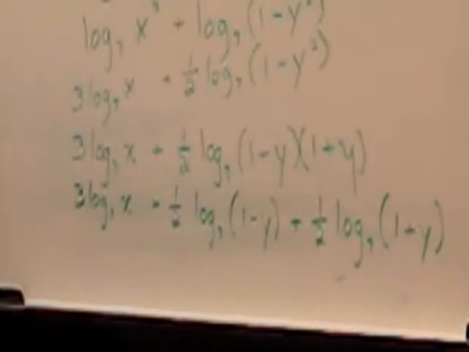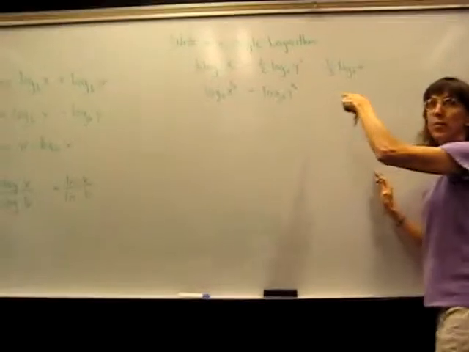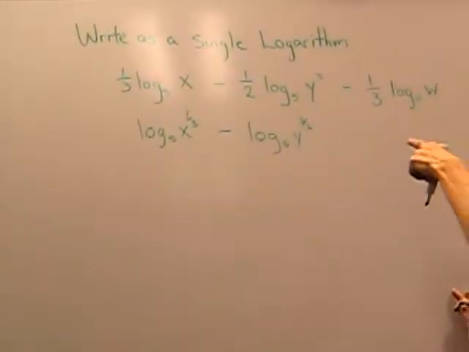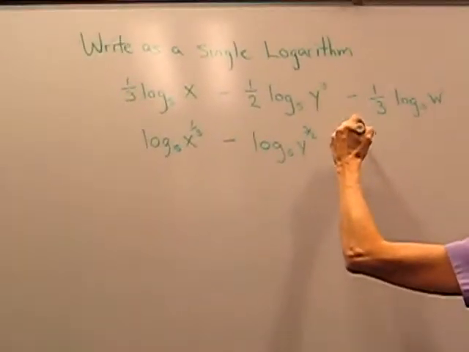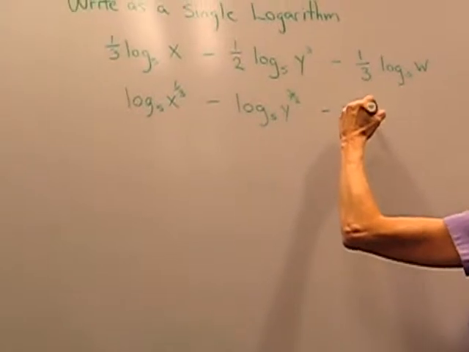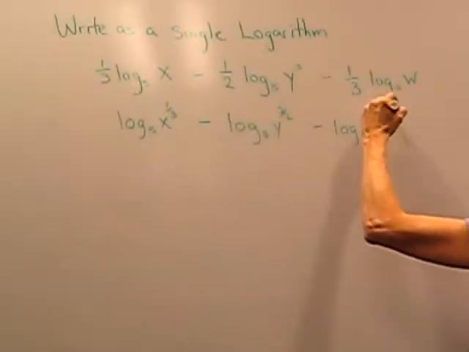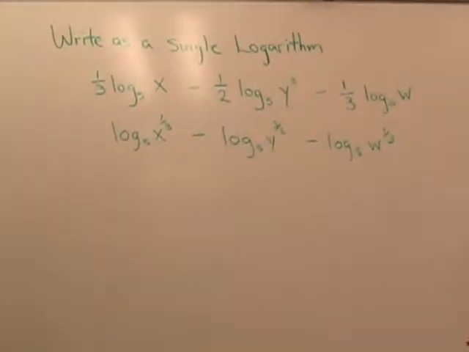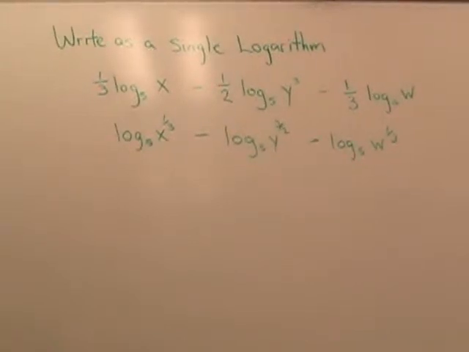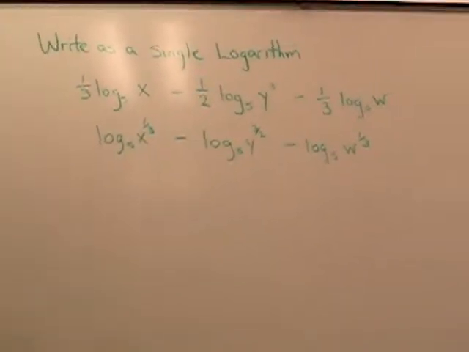Now, am I done? Yeah, now I'm done, because I can't factor it anymore. 1/2 up with the 3. Minus log base 5 of w to the 1/3. Now all those guys are fractions, that's about as ugly as it gets.